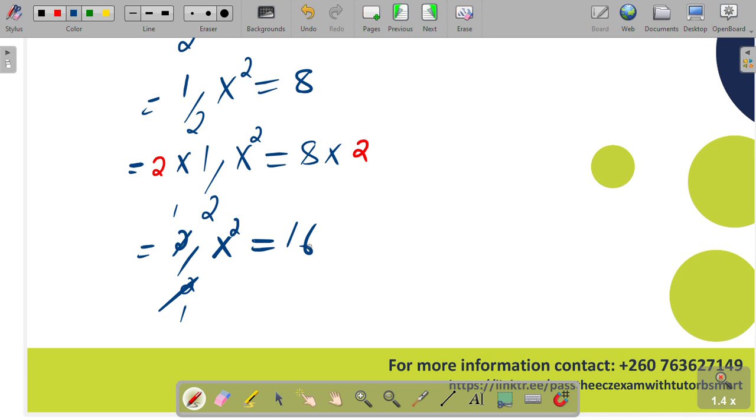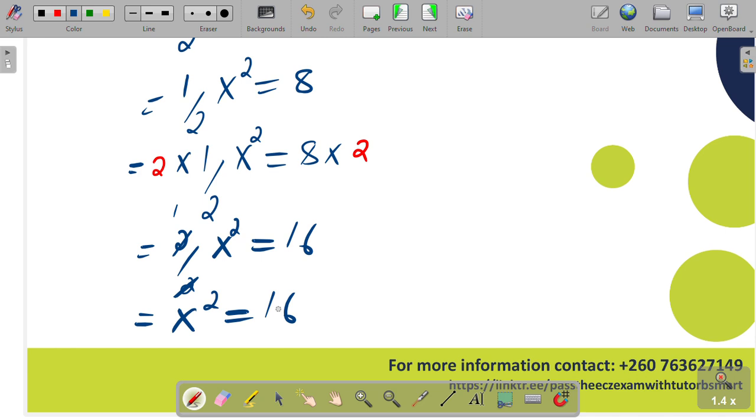So we remain with only this here. Can I just use the rubber? So we say x² is equal to 16.